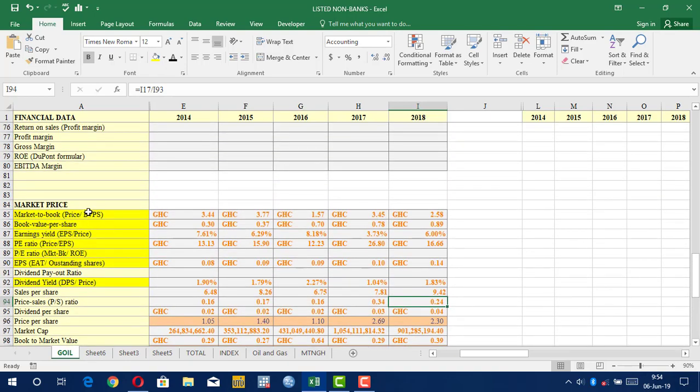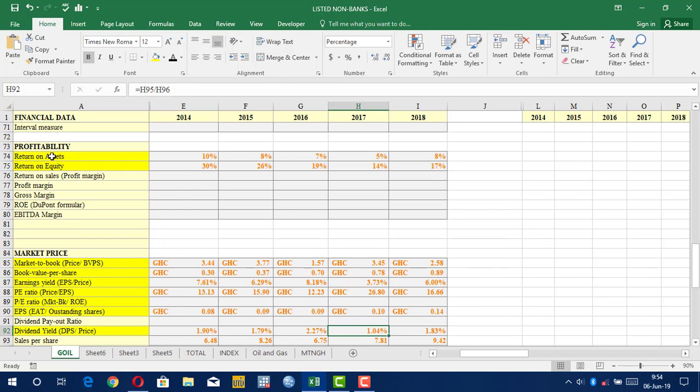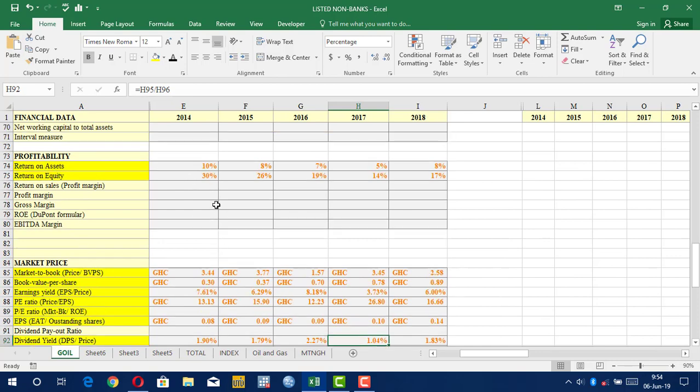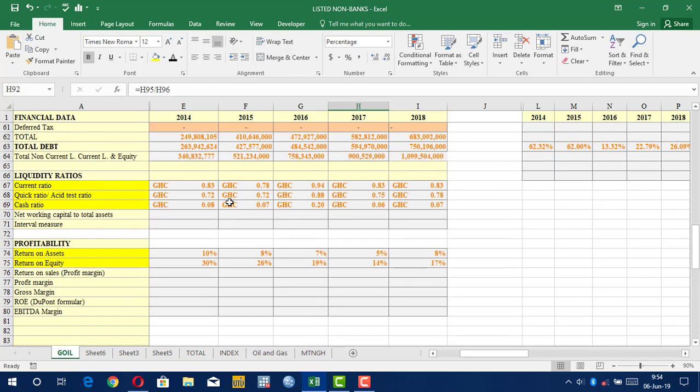We've looked at some market price ratios, looking at the market to book ratio, book value per share, earnings yield, PE ratios, earnings per share, dividend yield, and we also compared their return on assets and equities. We also looked at their liquidity ratios for the period that we are looking at.